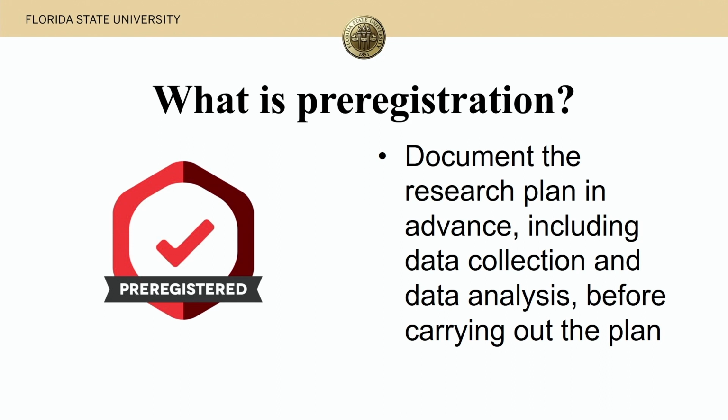So pre-registration involves documenting your research plan in advance, before you do it, and particularly before you have the data and have done your analyses. At the moment it's acceptable to do it in fairly general terms or in exquisite detail.